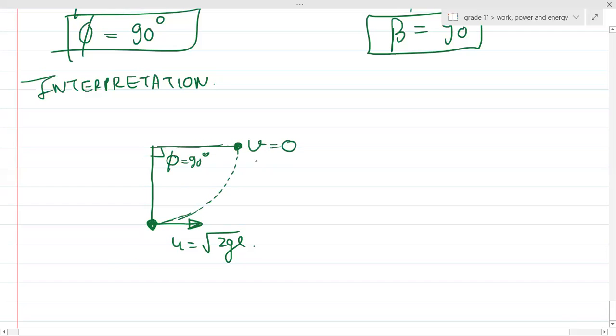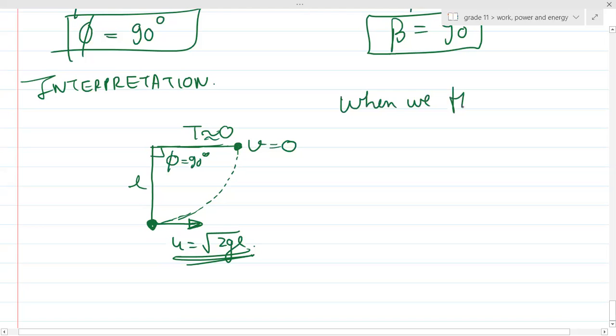Are you getting my point, guys? So basically, when you throw it with this velocity, it will cover 90 degrees. And at this instant, the tension will also become 0. So this is what is meant by this result.